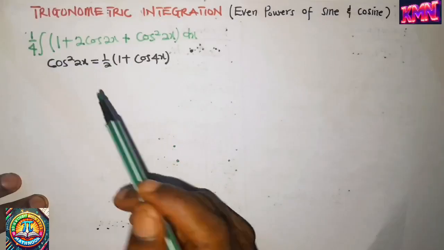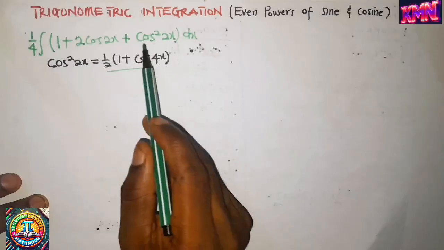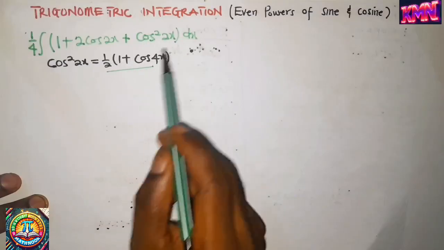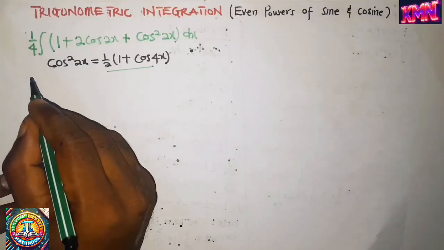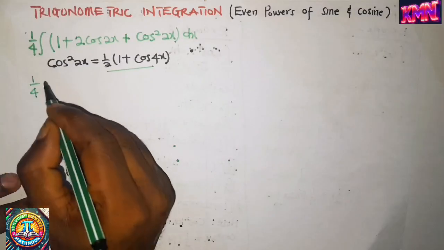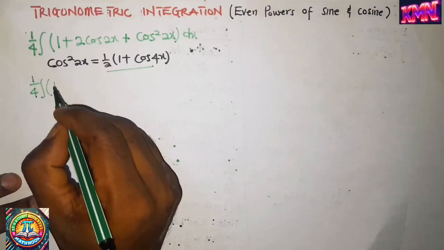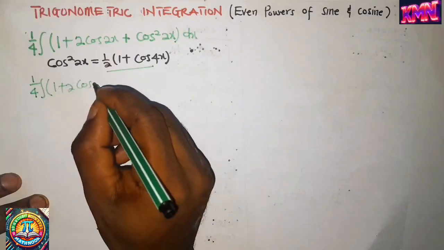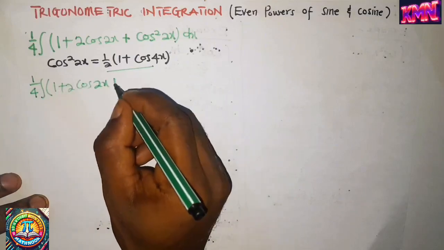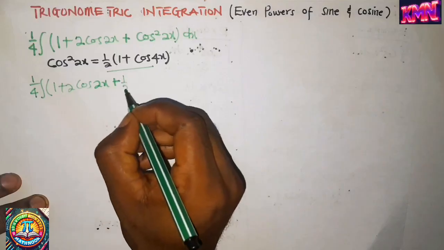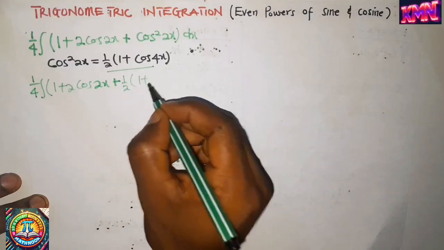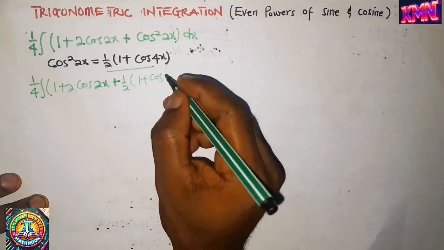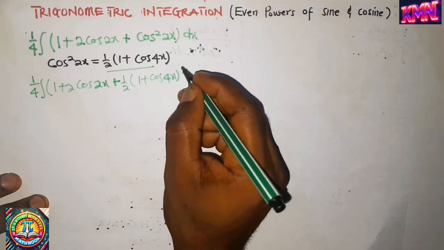At this point, let's substitute this in place of cos squared 2x, and so we're going to get 1/4 integral of 1 plus 2 cosine 2x plus half bracket 1 plus cosine 4x.